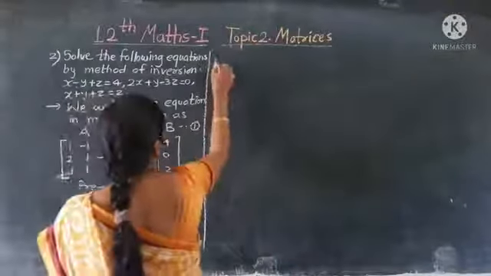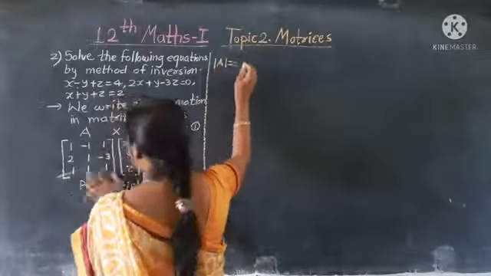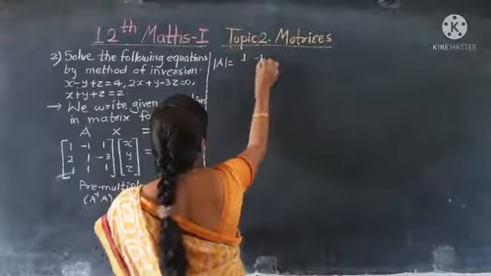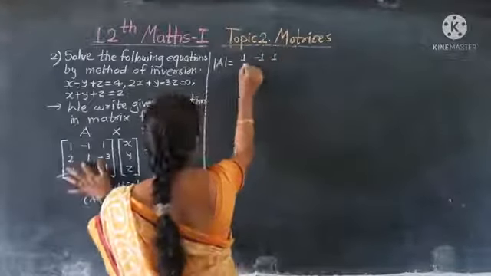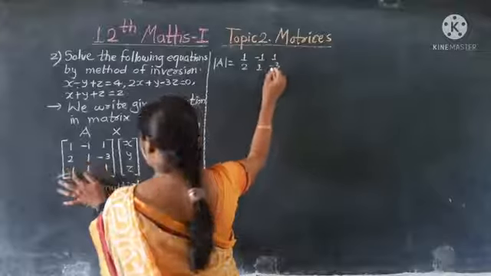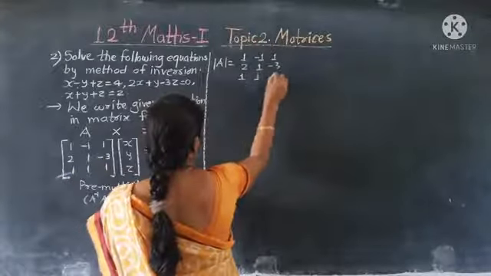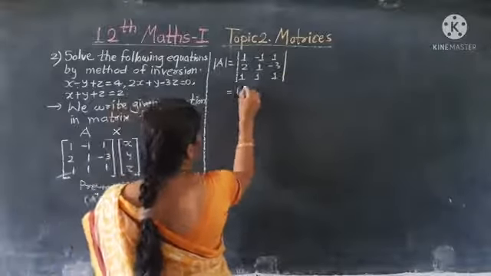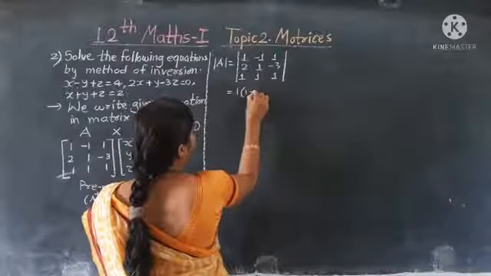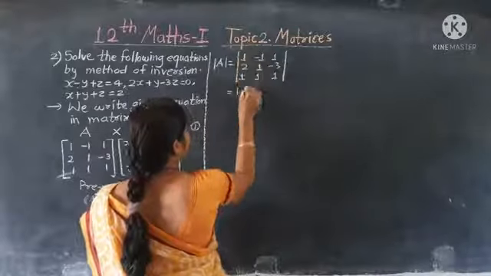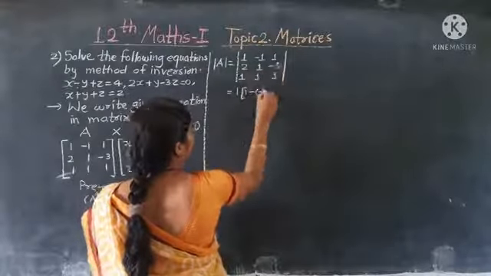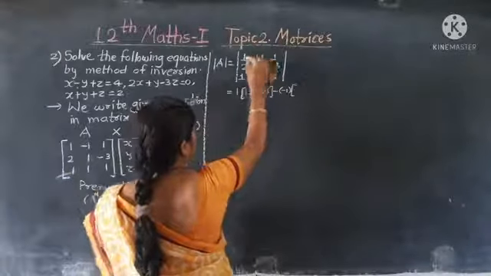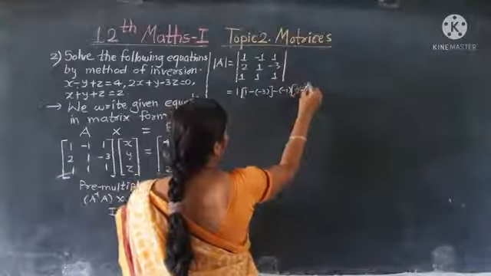First you find determinant A. Determinant A is 1, -1, 1, 2, 1, -3 and 1, 1, 1. This is the determinant A. You simplify this: 1 into bracket 1 minus 3. Minus 1 into bracket 2 minus 3.